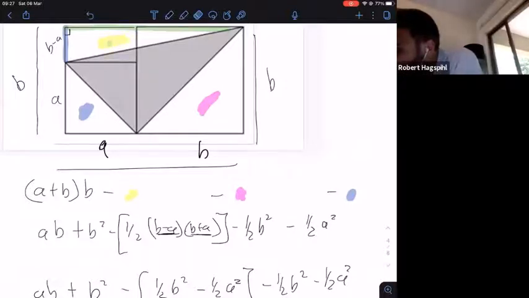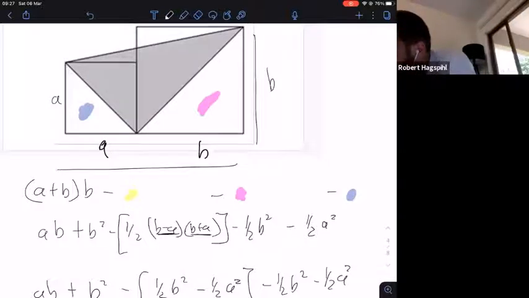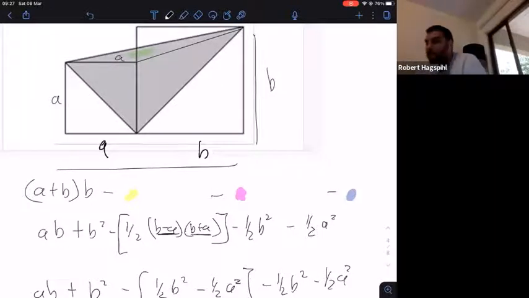Alternatively, I could have done a different construction. I could have made a construction there, and then I can work out the green triangle, because I know what the base is, and I know what the perpendicular height is.